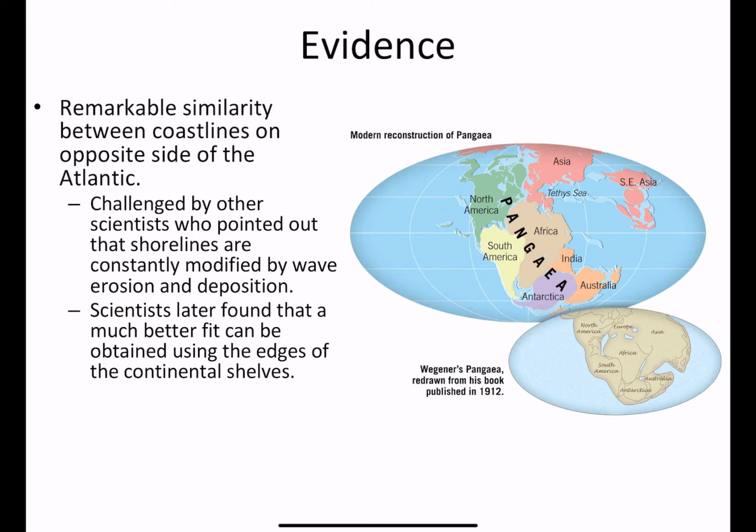All right, so what evidence did Wegener have which convinced him that the continental drift hypothesis is correct? The first piece of evidence that Wegener considered was that there is a remarkable similarity between the coastlines on the opposite sides of the Atlantic. So look at South America and Africa.